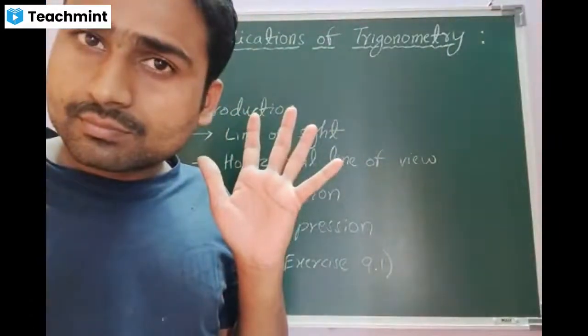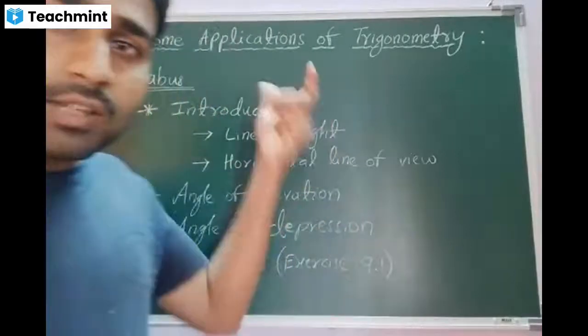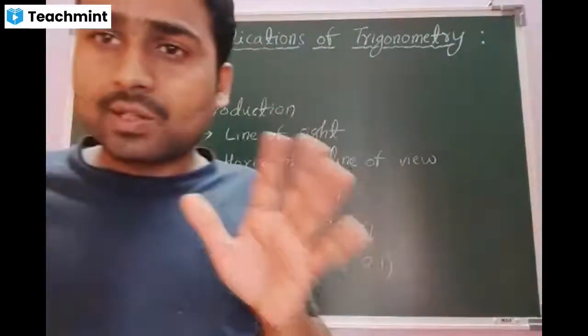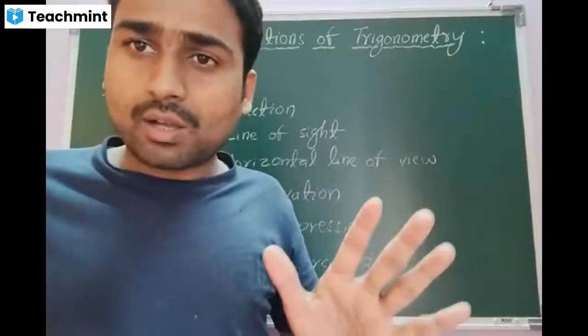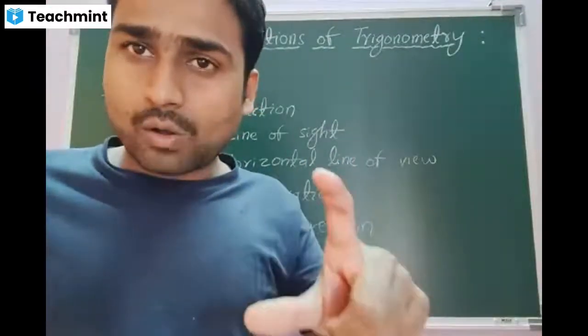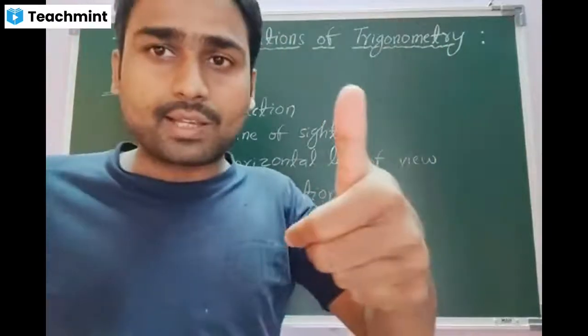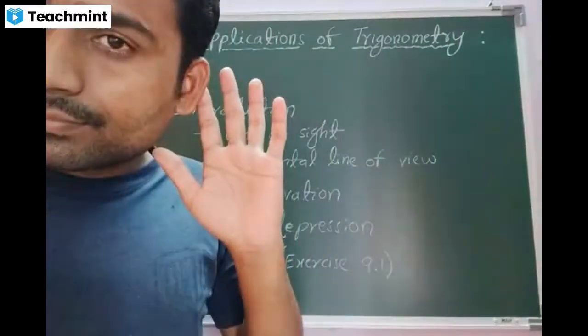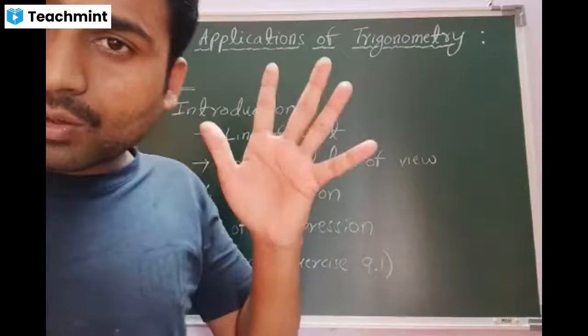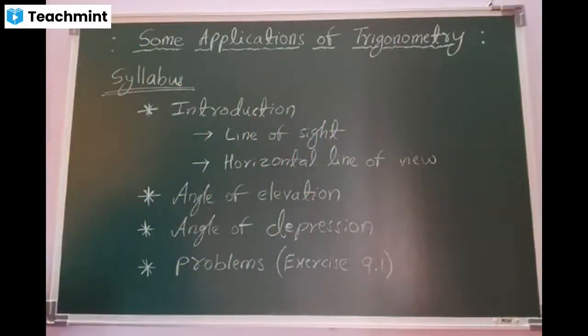Now, what will be the detailed program of this particular chapter? We will see one by one. Before I proceed, let us discuss the syllabus for the chapter Some Applications of Trigonometry. Go through the green board, whatever I have written here.